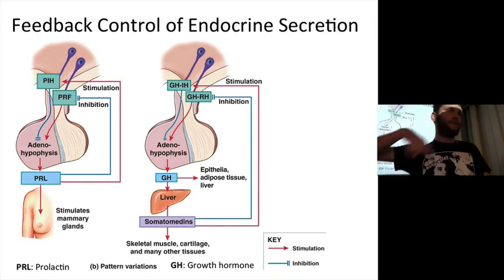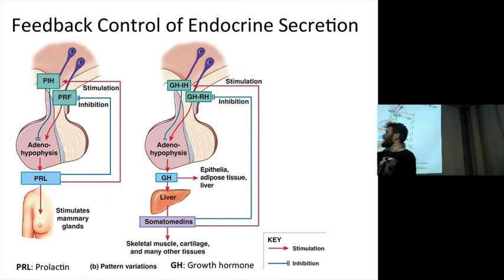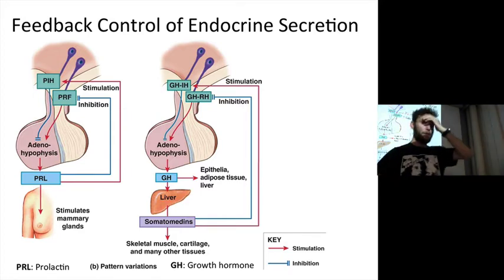Yeah, it's got to go through the whole system. And you'll notice that it does not have an effect on its own on the cells that are producing prolactin. So prolactin does not affect those cells. Yeah, it affects the releasing hormone.